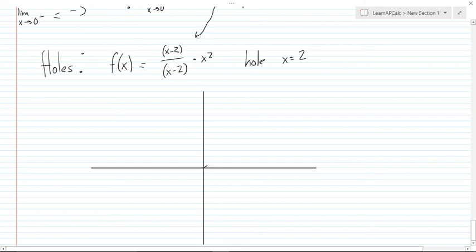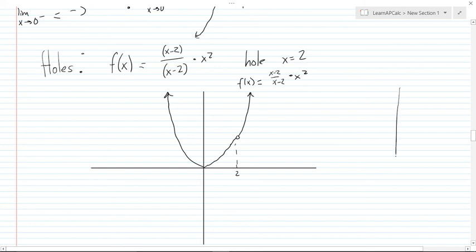Now again, there's an important exception. At x equals 2, we have a hole. x can't equal 2. And so this is f of x equals (x minus 2) over (x minus 2) times x squared.